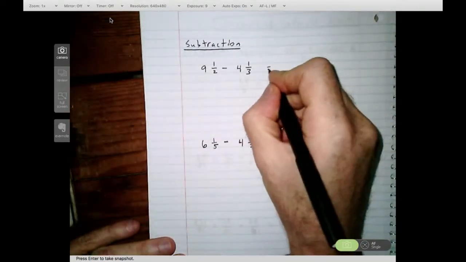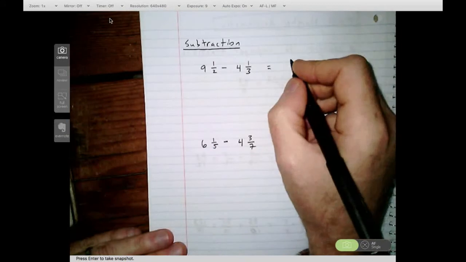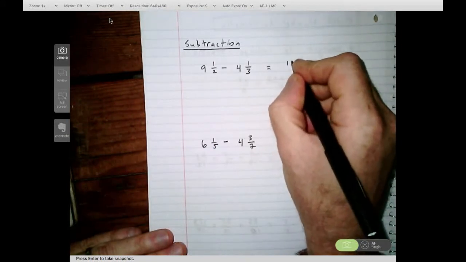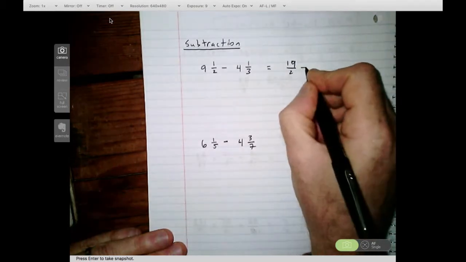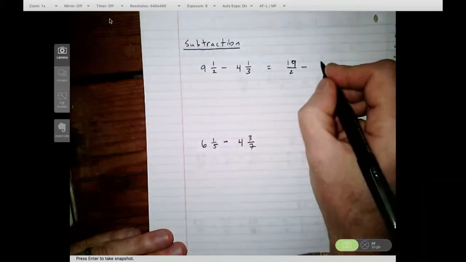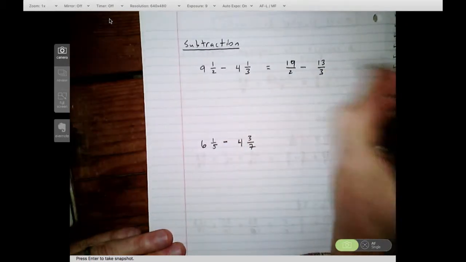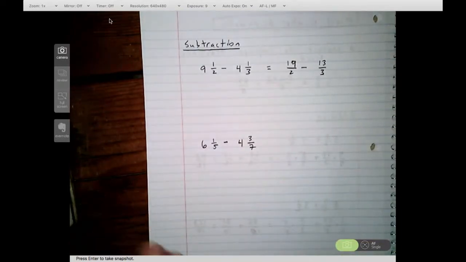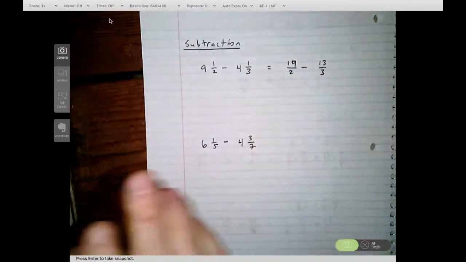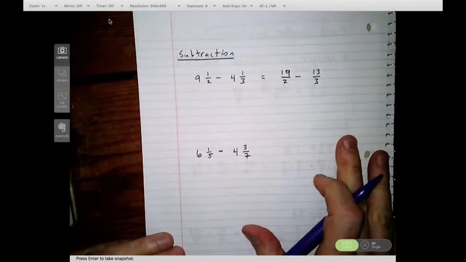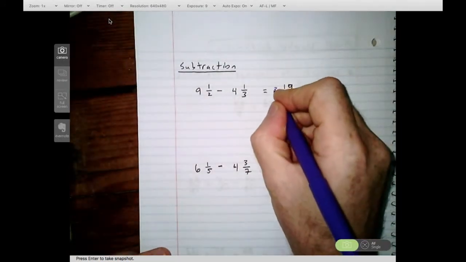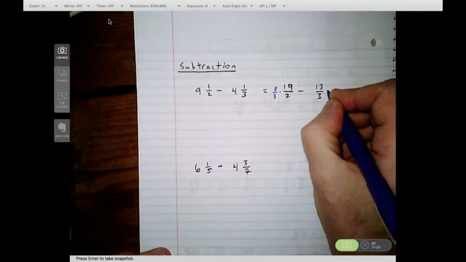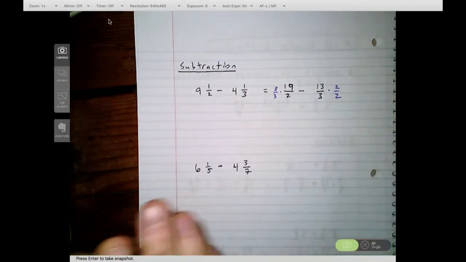So here, 9 1/2. 2 times 9 is 18, plus 1 is 19 over 2, minus 4 times 3 is 12, plus 1 is 13 over 3. Okay, I think you'll see there our common denominator for 2 and 3 is 6. So here I'll multiply by 3 over 3, and here I'll multiply by 2 over 2.